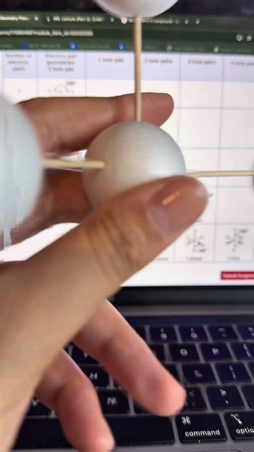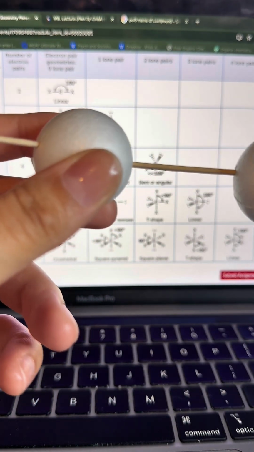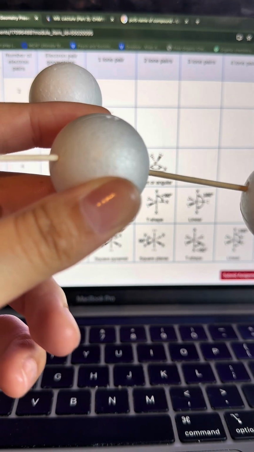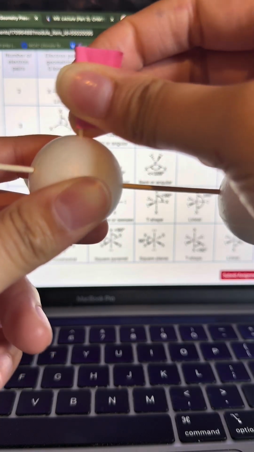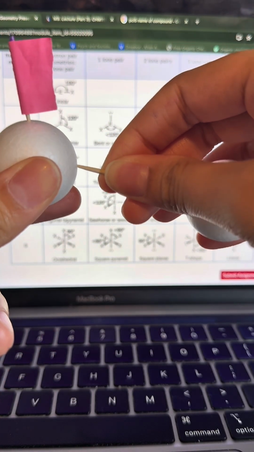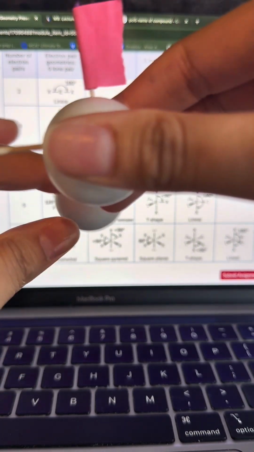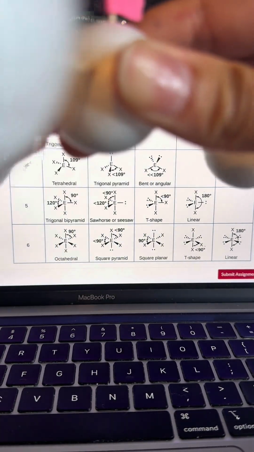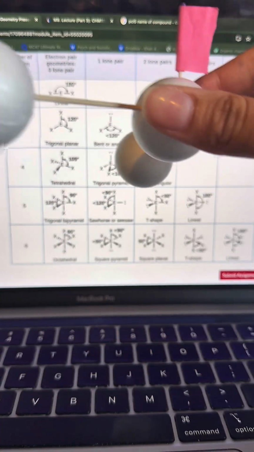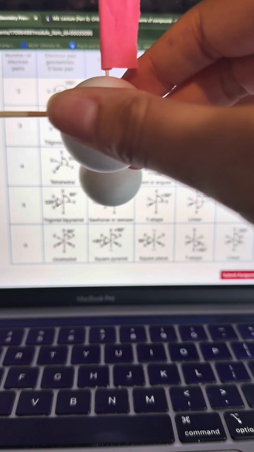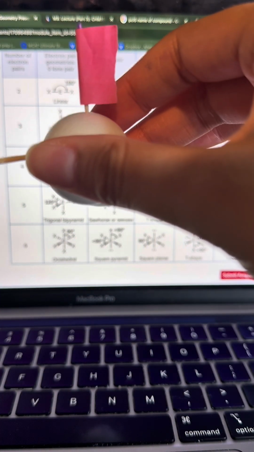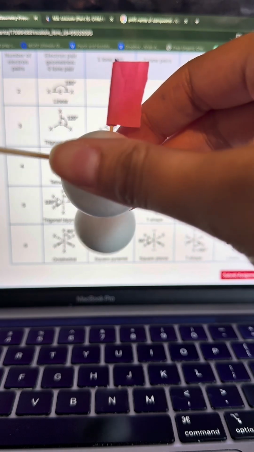And then if we were to take out one of the bonding areas, we would have a lone pair right here. And this lone pair would cause our bonding atoms to be pushed further down and closer together. So the bond angle would be less than 109 or 109.5.